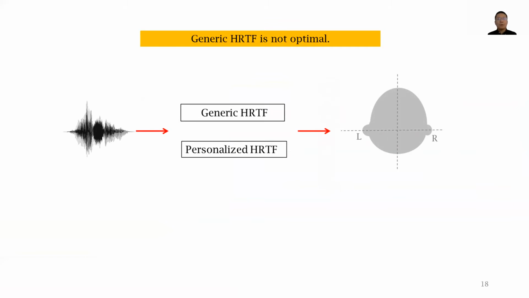We passed the original sound signal through two filters. The first one is the generic HRTF filter, and the second one is a personalized HRTF filter. And we asked a user to identify the sound direction in these two cases. This direction is the ground truth sound direction.